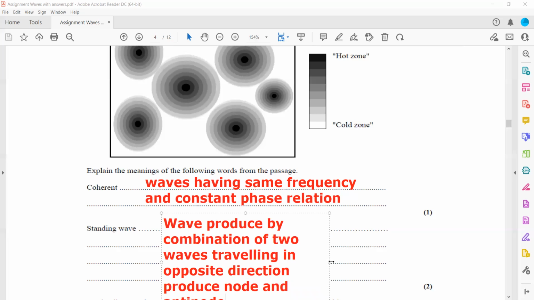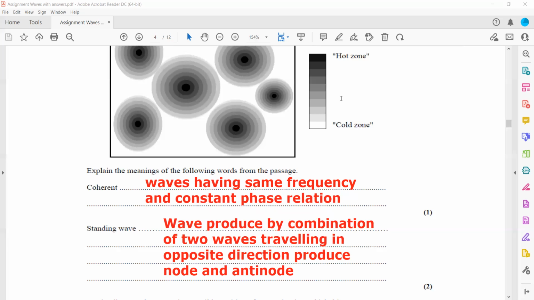When nodes and antinodes are produced by the combination of two or more waves, we call that a standing wave.